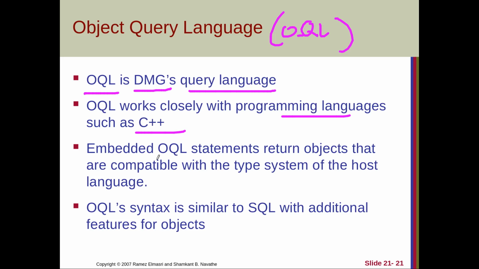Now we can use embedded OQL statements that return objects, which are compatible with the types created in the C++ like language.